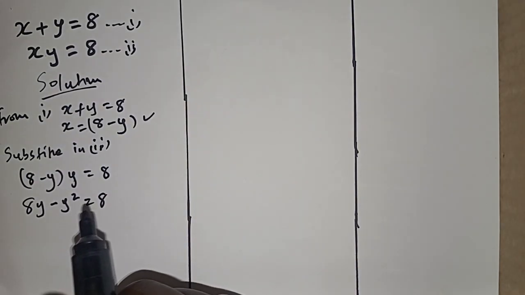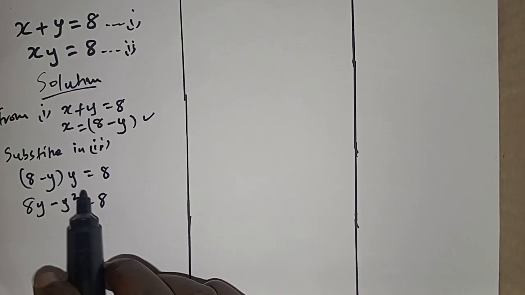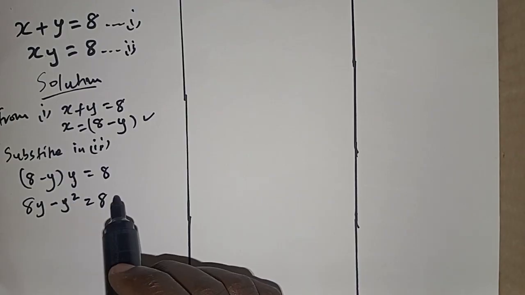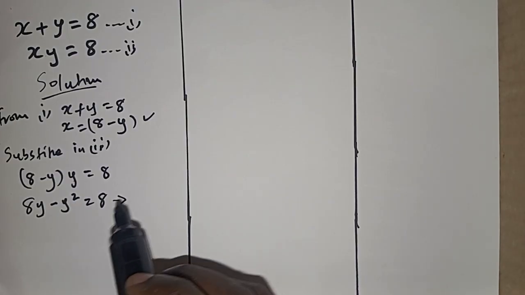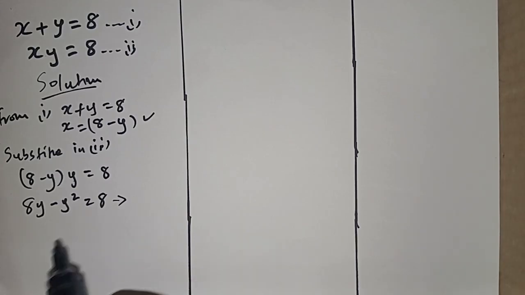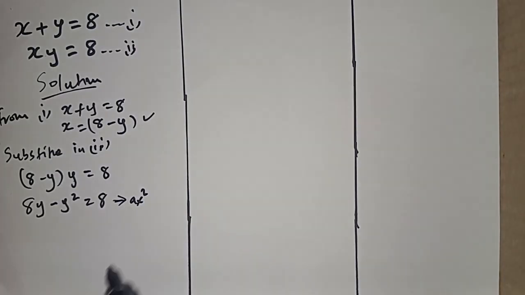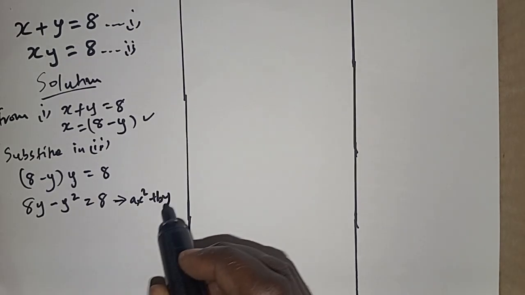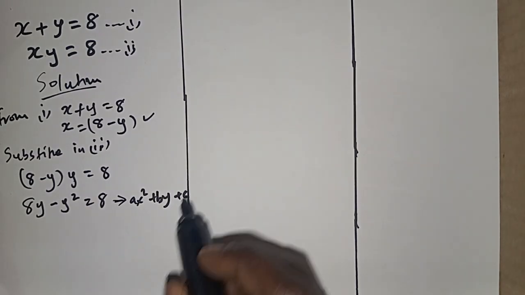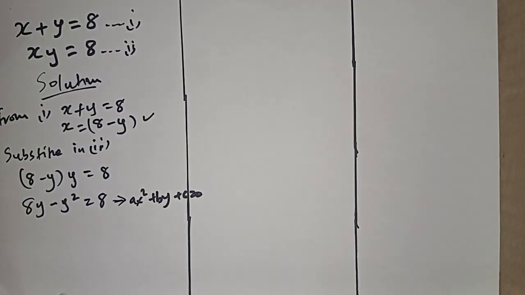So it seems that we have a quadratic equation, and I'll rewrite this in the form of a quadratic equation using the standard form ay squared plus by plus c is equal to 0.